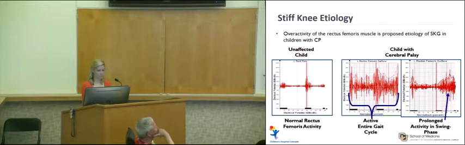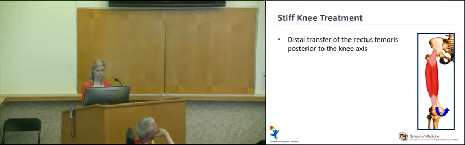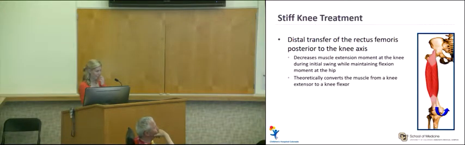Actually, this procedure was invented by orthopedic surgeons who were doing gait analysis and figured this out from the EMGs. And so we take the distal end of the rectus femoris, we detach it from the quad, we move it posteriorly and attach it to the medial hamstrings. You can also attach it to the lateral hamstrings. It doesn't seem like that makes too much difference.